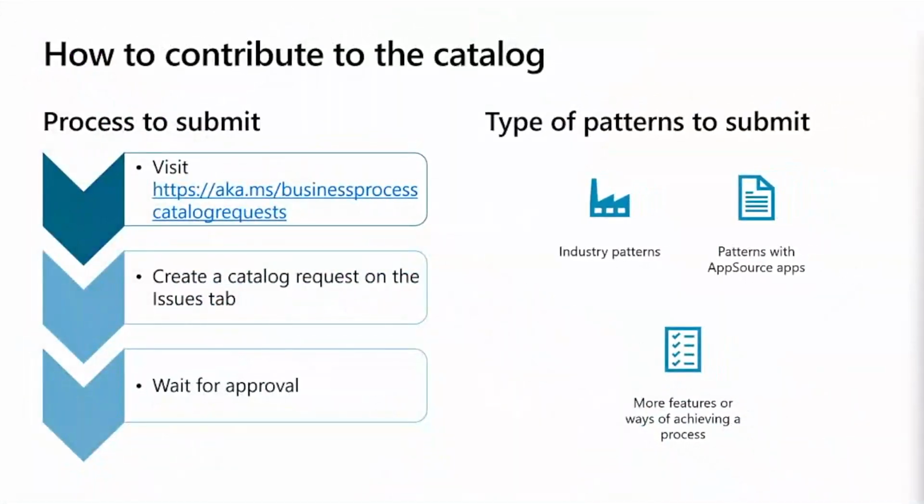The process for submitting to the catalog, if you'd like to make a change or have a new row added to the catalog, is simple. We've broken it down into 3 basic steps. You're going to visit aka.ms/business process catalog requests. Then you'll create a catalog request on the Issues tab.